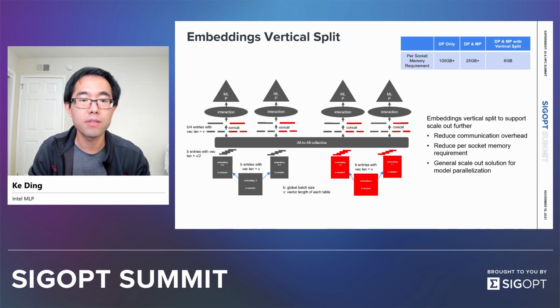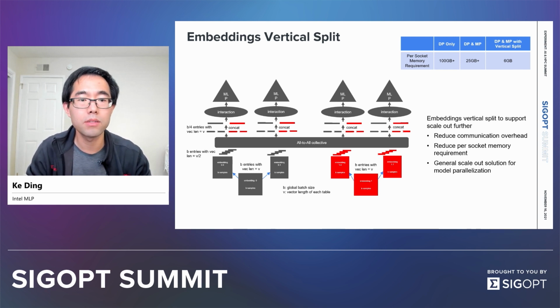Second, it obviously reduces the memory requirement. Total 26 embedding tables require more than 100 gigabytes of memory for single node training. With simple hybrid data and model parallelization without vertical split, it still requires more than 25 gigabytes on each socket.